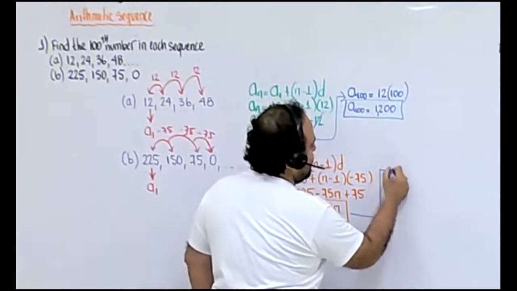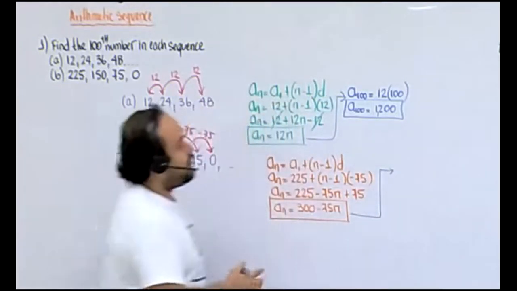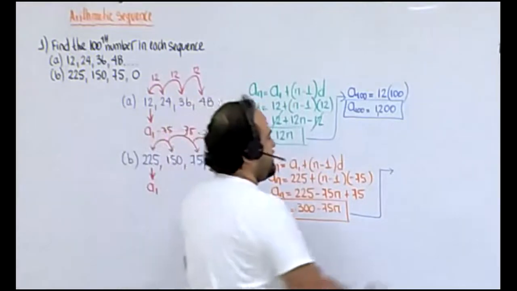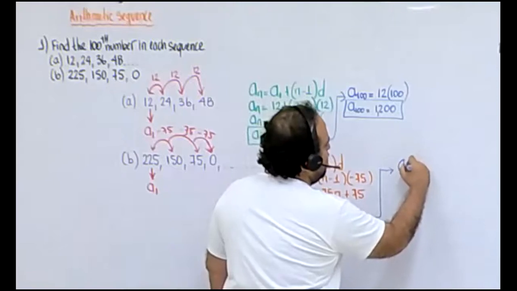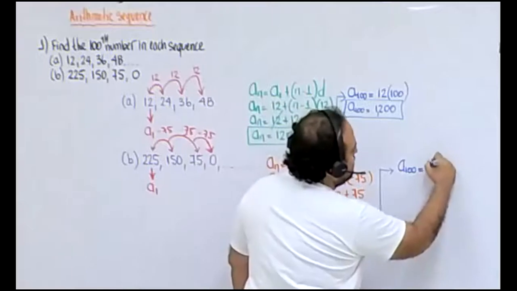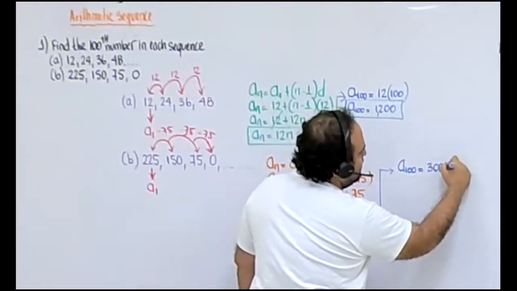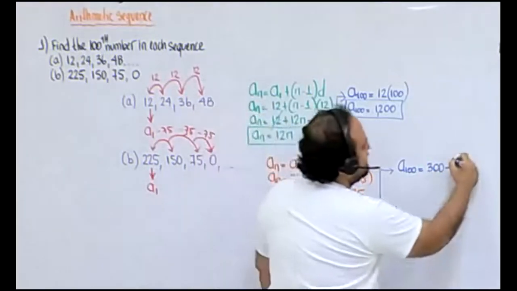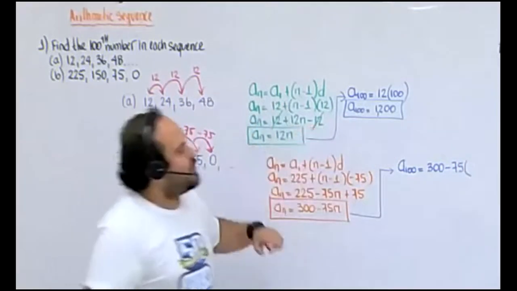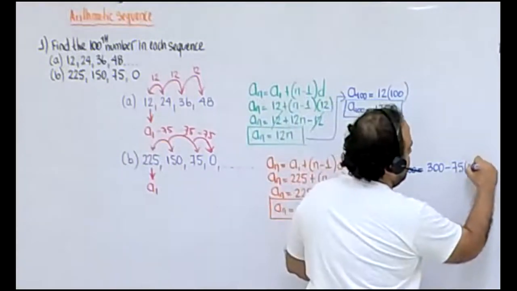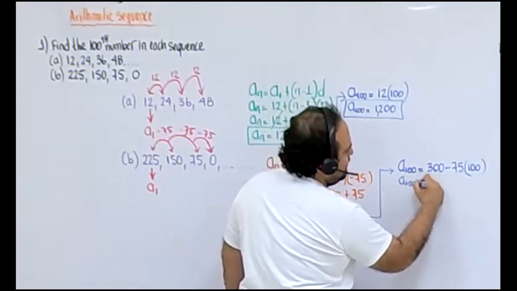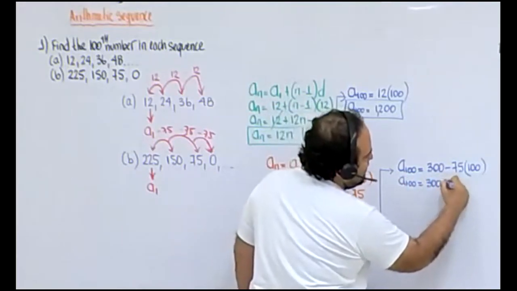Taking this algebraic equation, I'm going to replace the letter n by 100. So a100 will be equal to 300 minus 75 times 100.